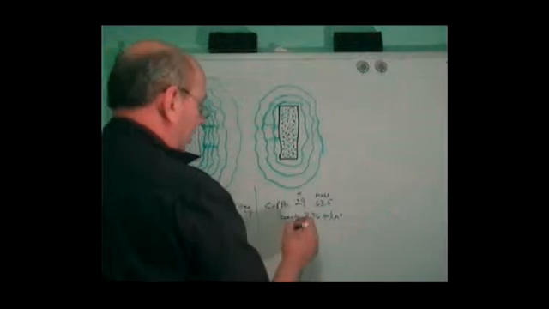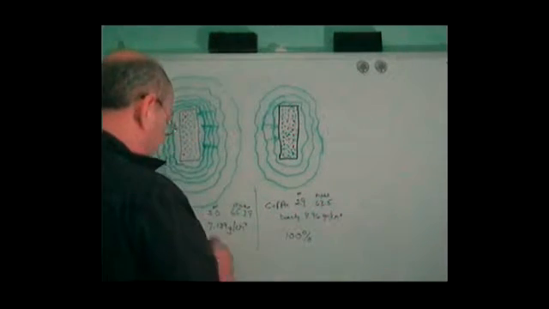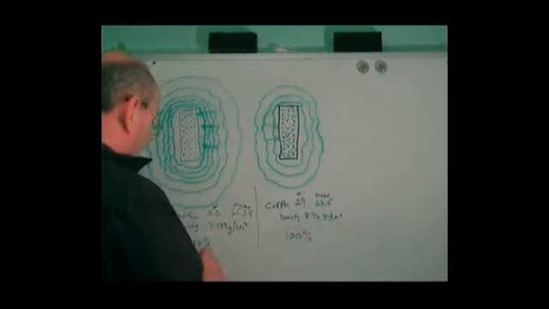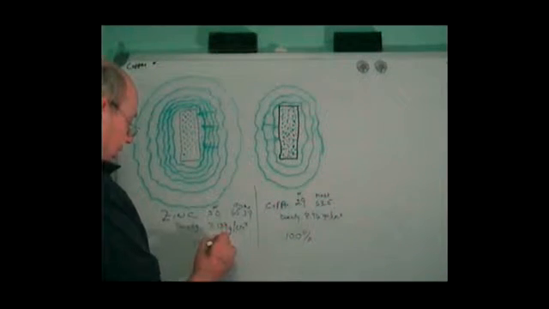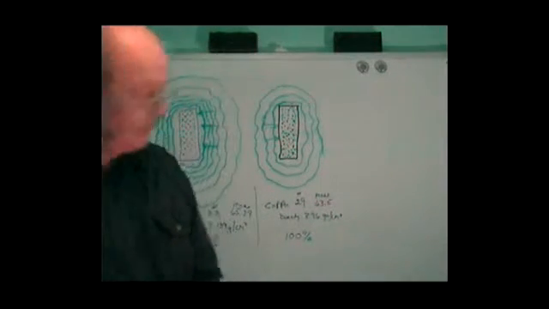I think it's somewhere around 70. But copper's conductivity is 100%, and zinc is somewhere around 76%, I believe, something like that. Apologize, I forgot what that is. Okay, so now let's go on to the next one.